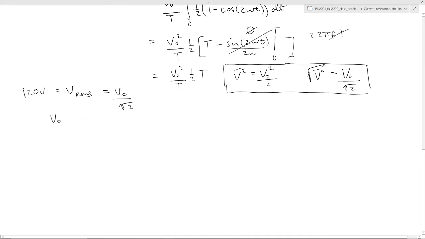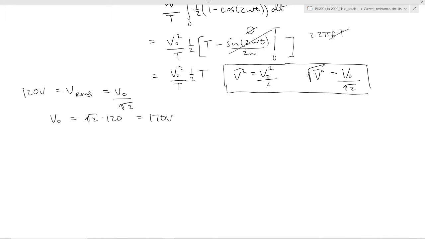So the max voltage coming out of the wall is root 2 times 120, which is more like 170 volts. Which is kind of interesting because we don't usually think of the wall voltage as being higher, but it is, or the maximum value is anyway.